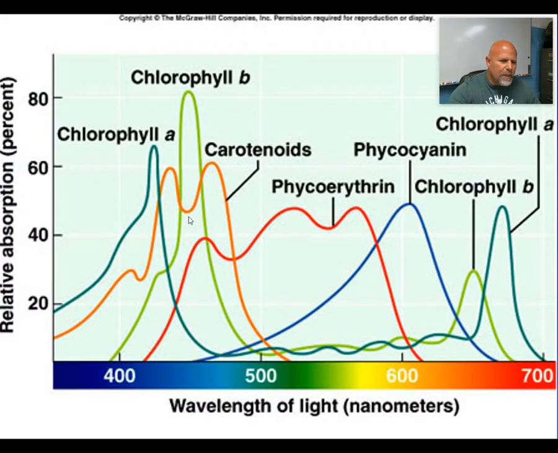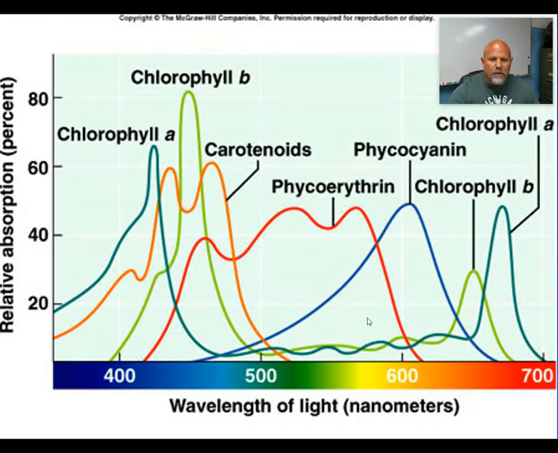So if we look at a bunch of different pigments, you can see a lot of the accessory pigments are there to help absorb this region that plants don't absorb very well. Chlorophyll A and chlorophyll B don't absorb very well. Because these are not found in as high numbers, they don't do as good a job of absorbing this region, but it kind of helps out.